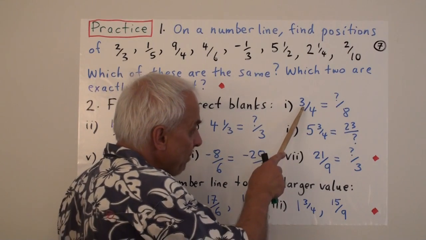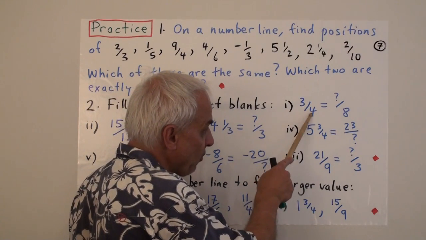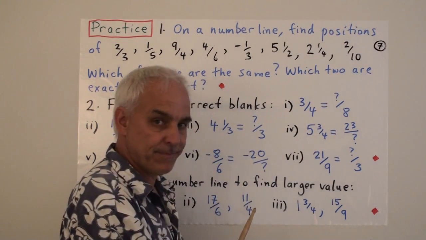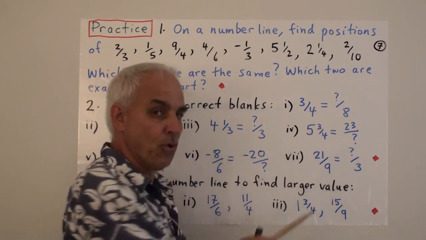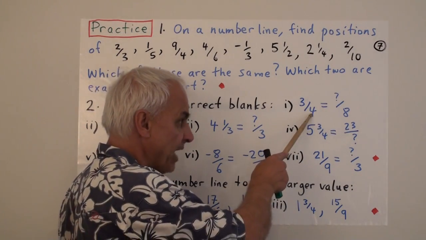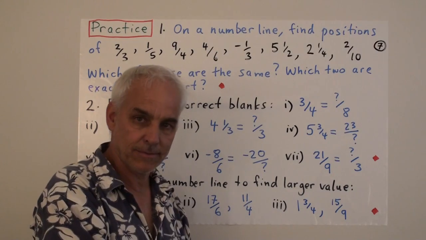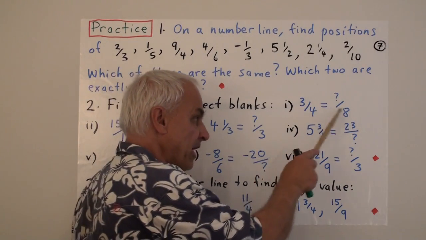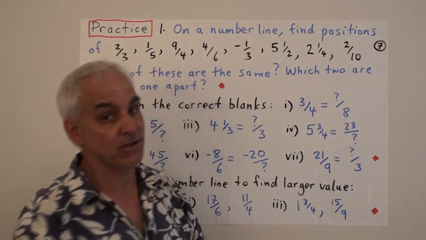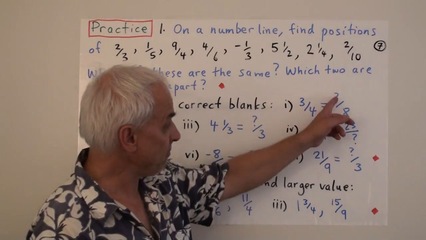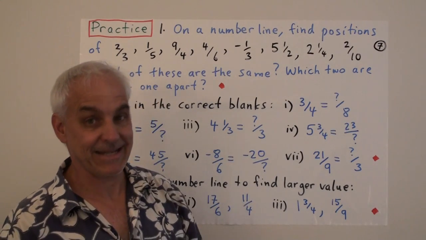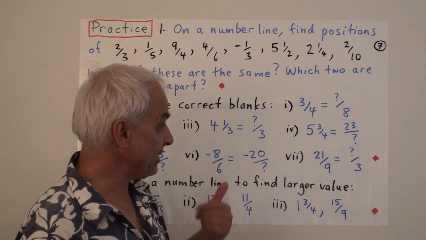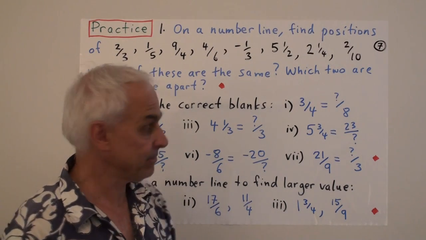What could we possibly be multiplying by to get the 3/4 into something eighths? Well, obviously we're multiplying by 2. Multiplying by 2 takes the 4 to the 8. And if we multiply the denominator by 2, we have to multiply the numerator by 2 if we want it to be equal. So that question mark has to be a 6. 3/4 is the same as 6/8.